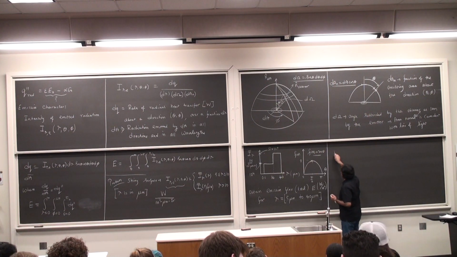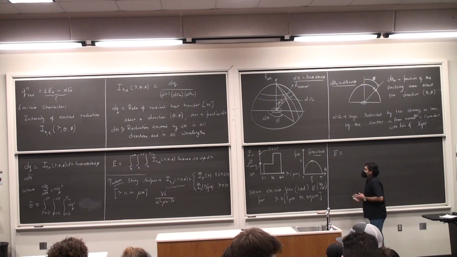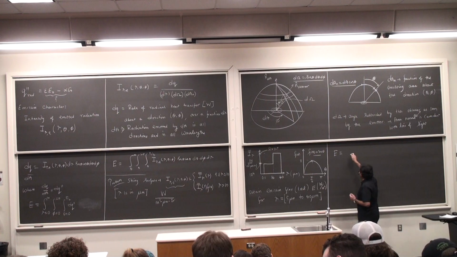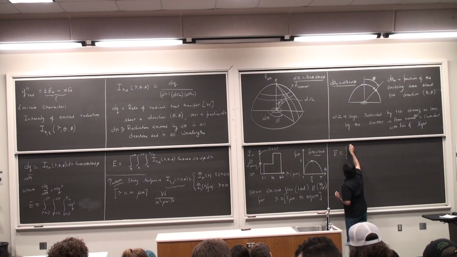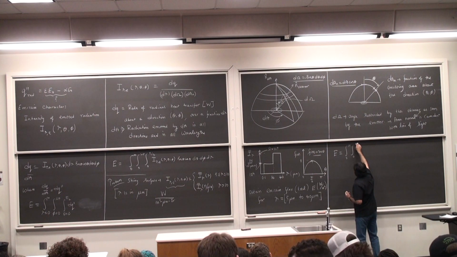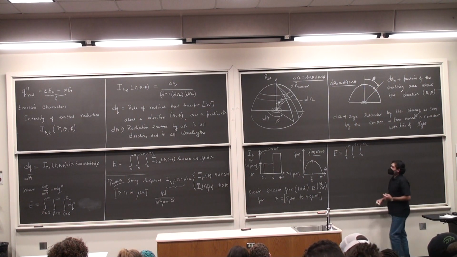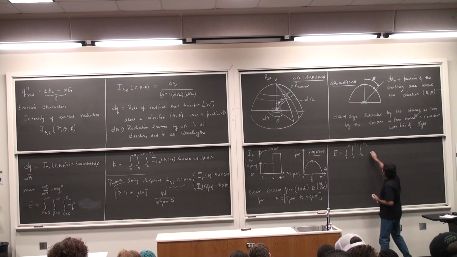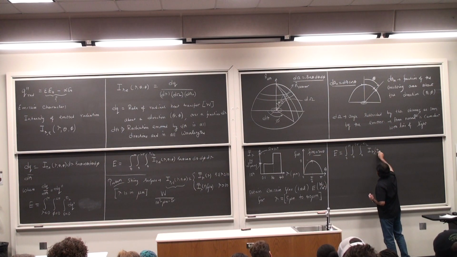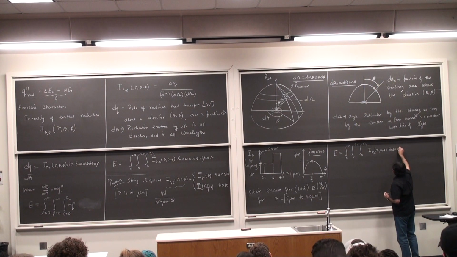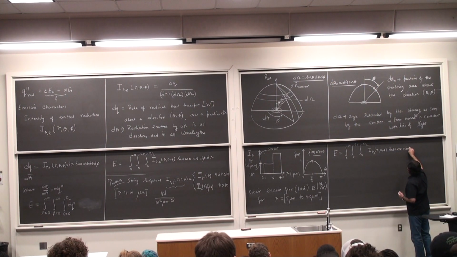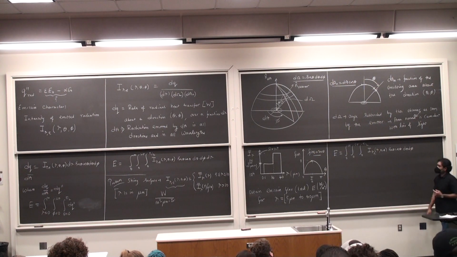So E, by definition, what we have there is 0 to infinity, 0 to 2 pi, 0 to pi by 2, I of lambda, comma theta, sin theta, cos theta, d theta, d phi, d lambda.